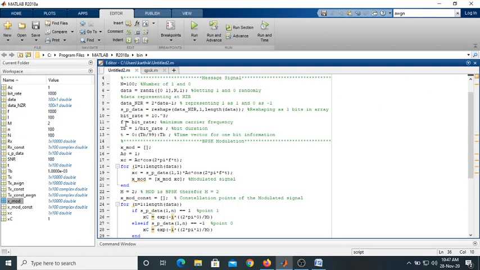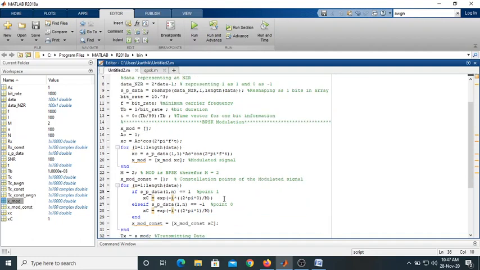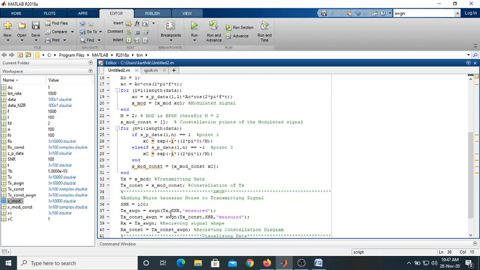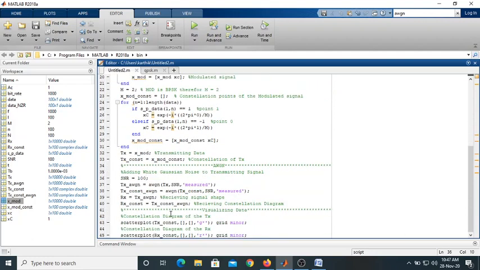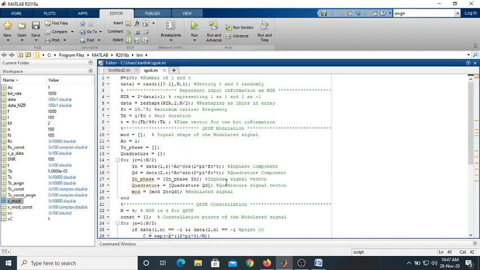Because the bit rate is 1000, so we are getting 1000 instances of time. So this is the simple code for the generation of the constellation of BPSK.